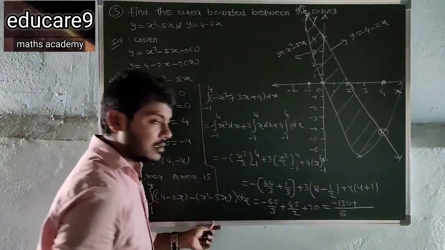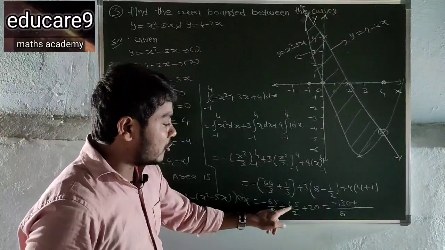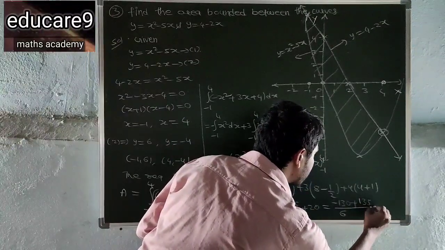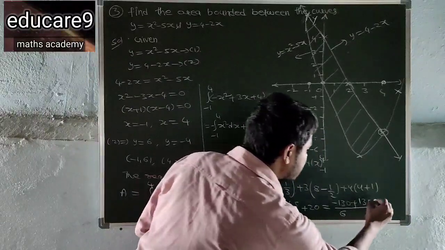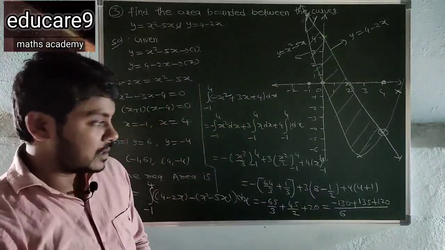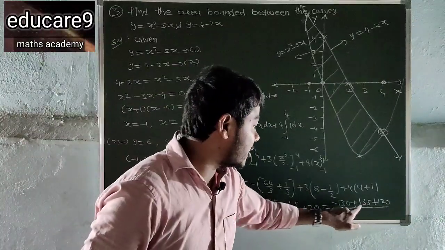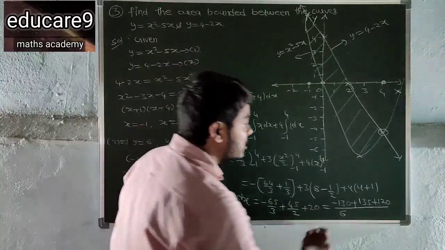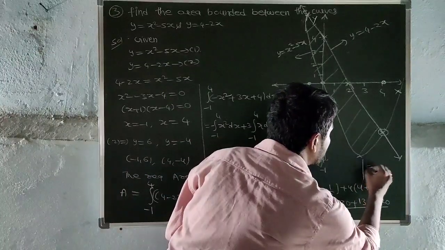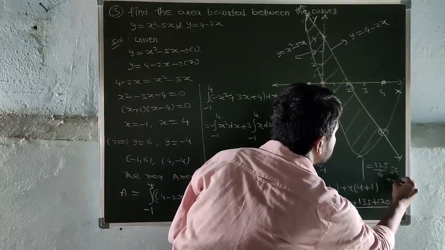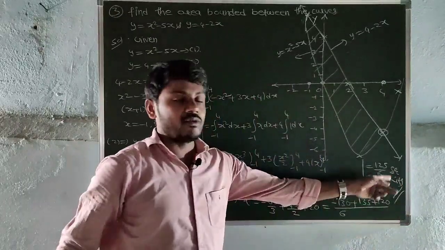Next plus 3 into 45, 135. And 20 into 6, 120. Okay, so clearly here 135 minus 130 is 5. 5 plus 120, so 125 by 6 square units. So this is the required answer.